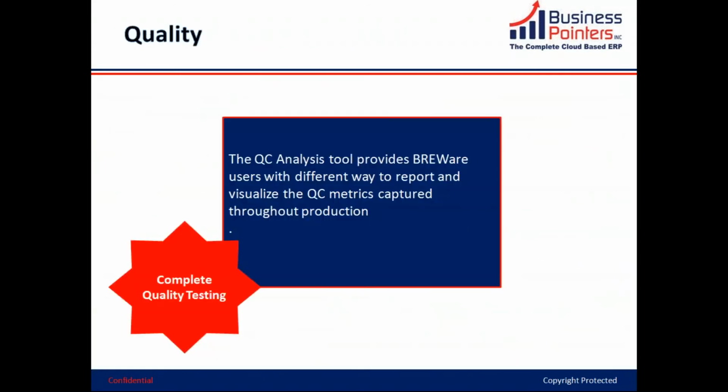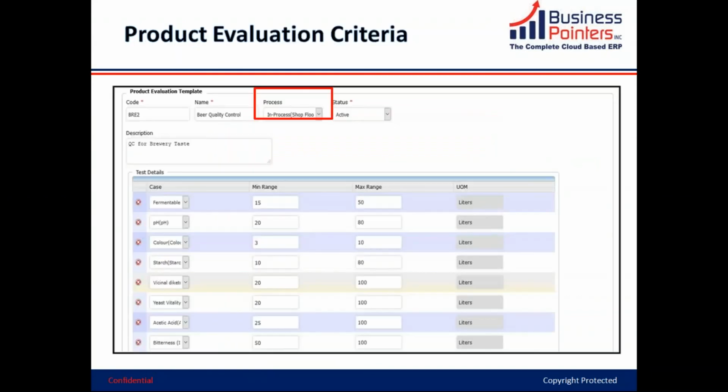BREWare's reports of operations. We have quality control in the system. The quality control analysis tool provides BREWare users with a different way to report and visualize the quality control metrics captured throughout production. So this is the complete quality testing. If you see over here, we have defined different types of tests in order to test the product: fermentable, pH, color, starch, yeast vitality, acetic acid, bitterness.